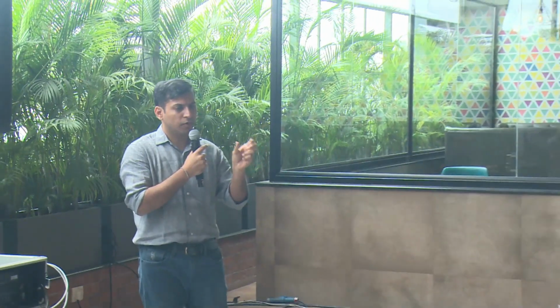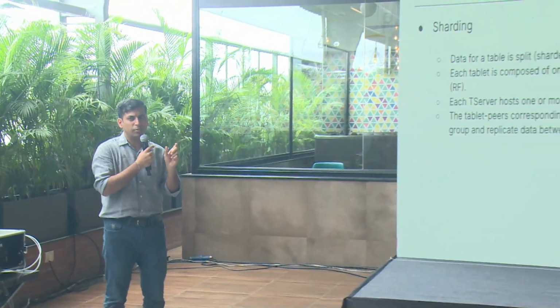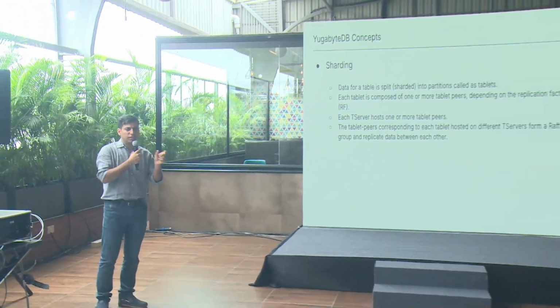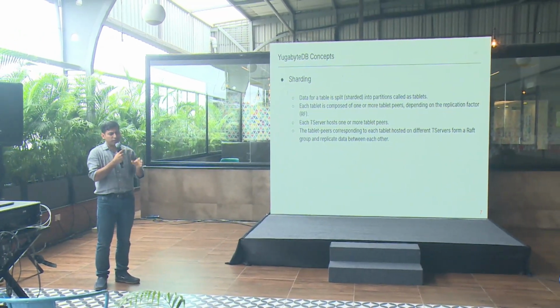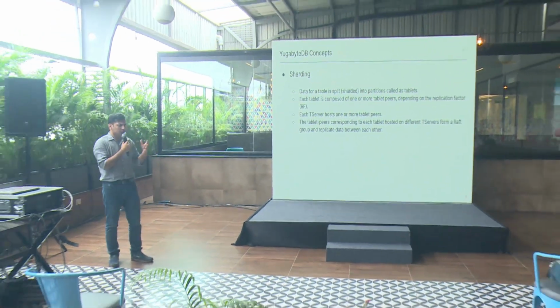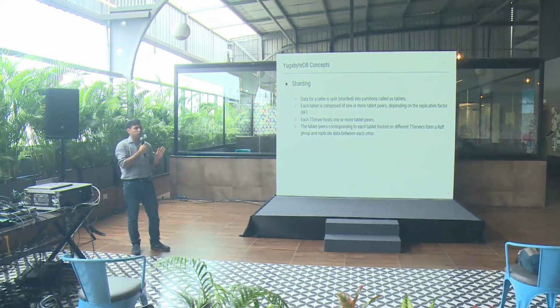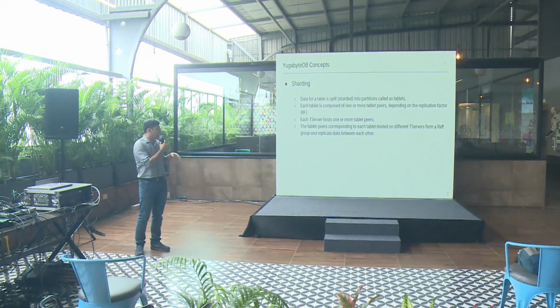A T-server can host one or more tablet peers. For a given tablet, or shard, each copy is called a peer of that shard, so that's what we call a tablet peer. A single T-server can host multiple tablet peers.